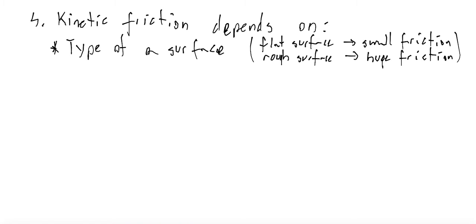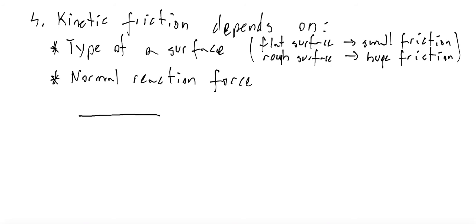Okay, second is something which is called the normal reaction force. So write normal reaction force. But at your level, at G8 level, we are interested only in situations when the object is located on a flat horizontal surface.